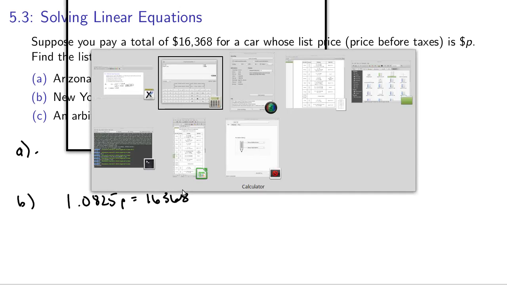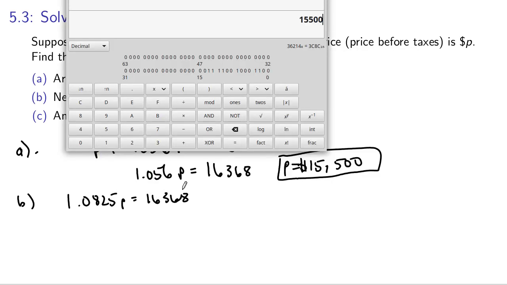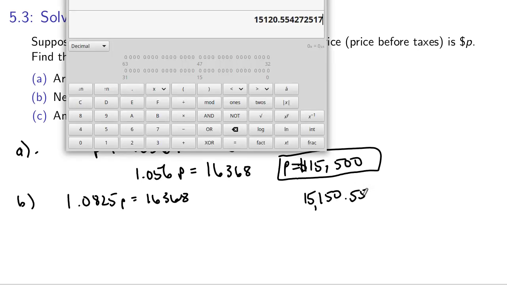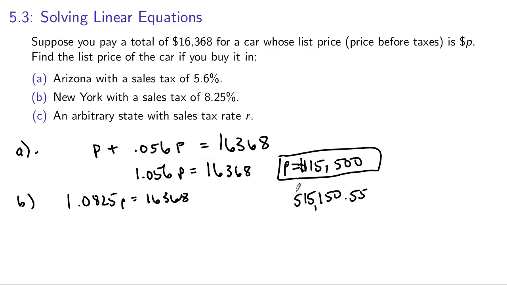So pulling our calculator back up, 16,368 divided by 1.0825, $15,150.55. Make sure I got that right.